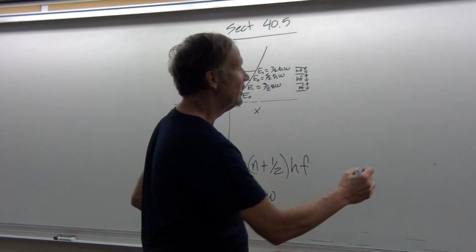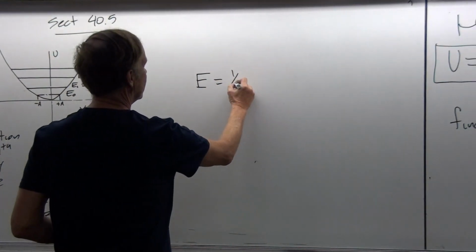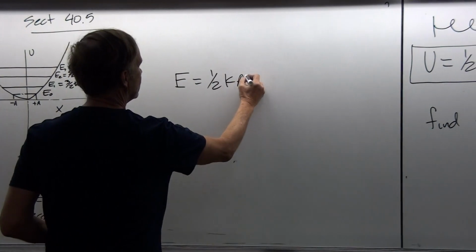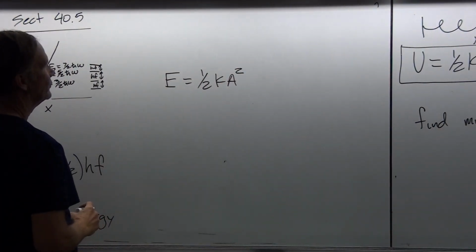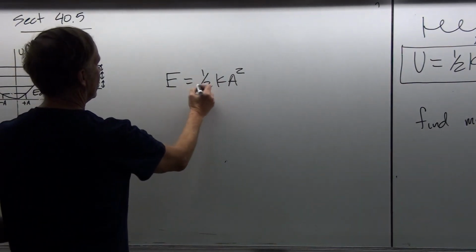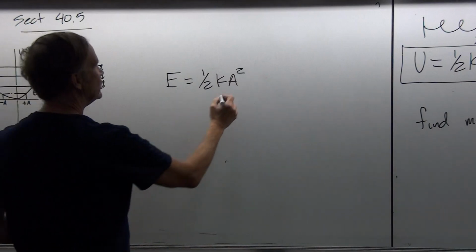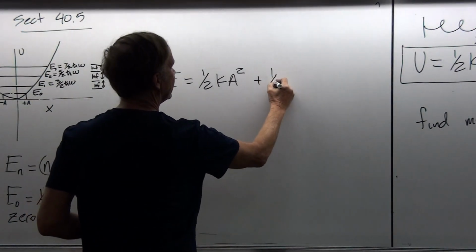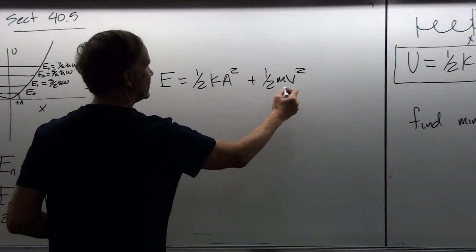Okay? And so what we could do then is we could set the energy in general equal to 1/2 k times A squared. So this would be the energy that is associated with the maximum potential energy. In general, this would be plus 1/2 mv squared. So this would be potential energy plus kinetic.